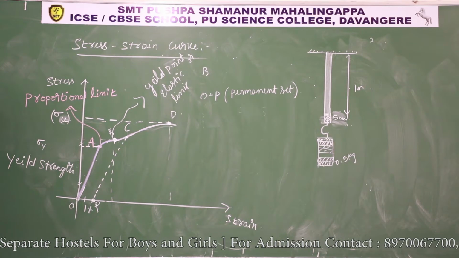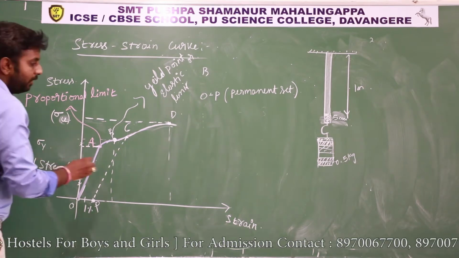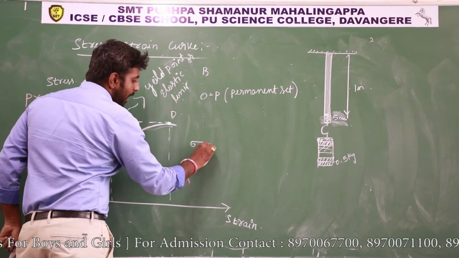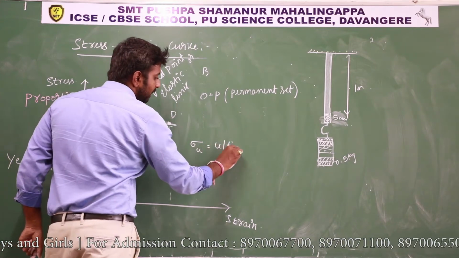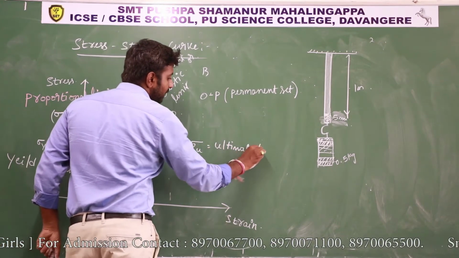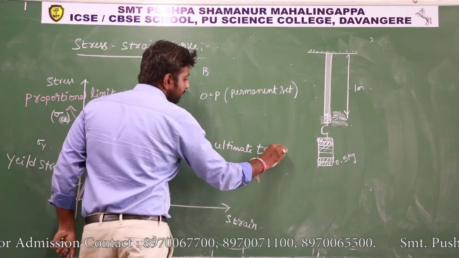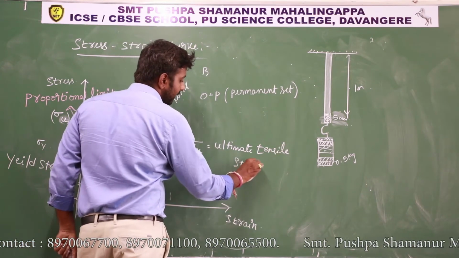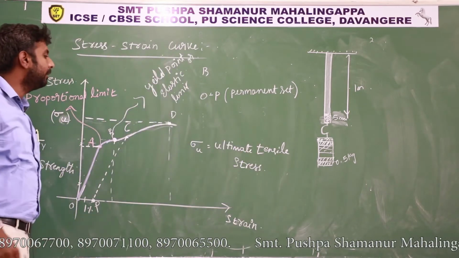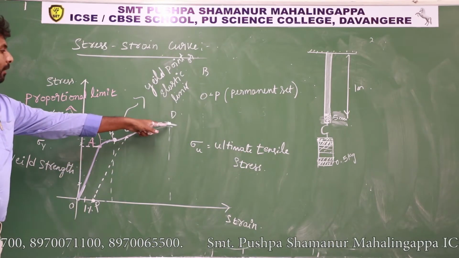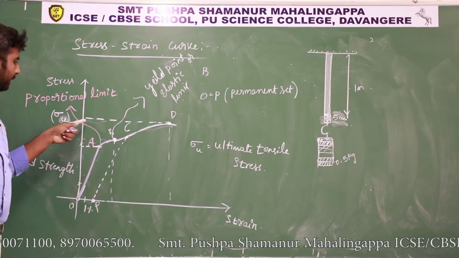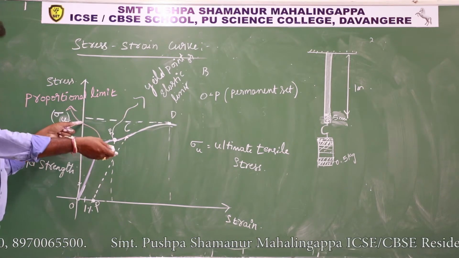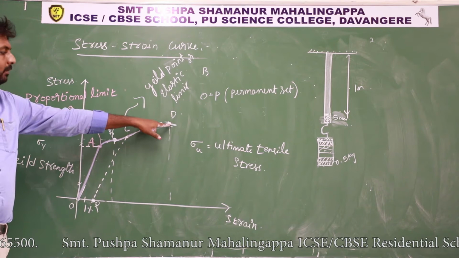Sigma u is called the ultimate tensile stress. So we may have applied an 8 kg block, and it has reached the maximum value.